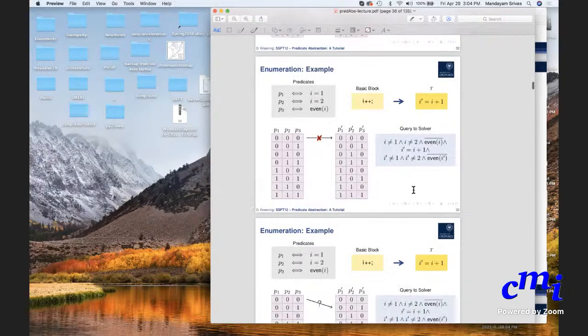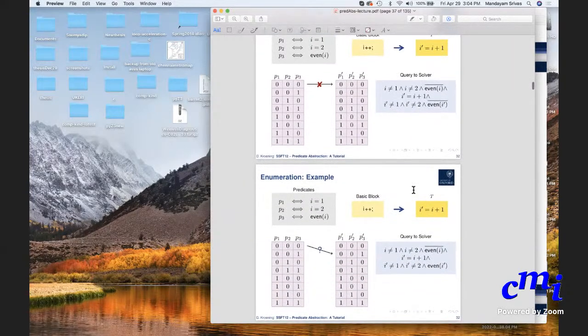If it's satisfiable, then you include the transition. Of course, this will involve an exponential number of queries to your SAT solver. In this case, it's an SMT solver because your concrete domain is integers.